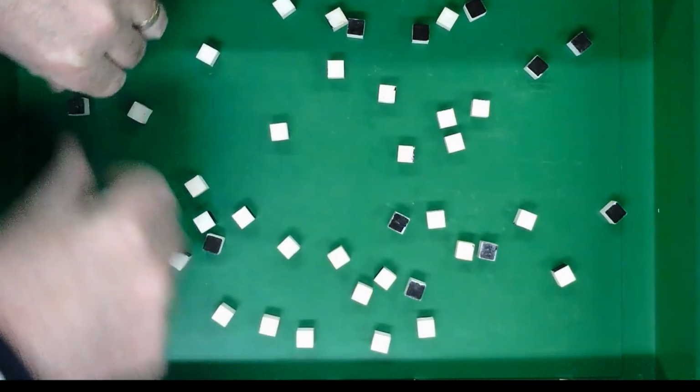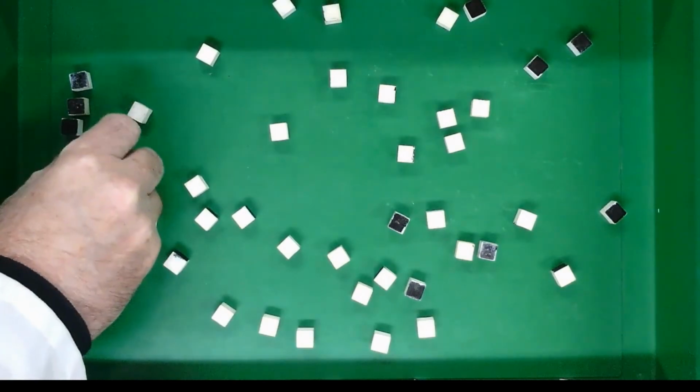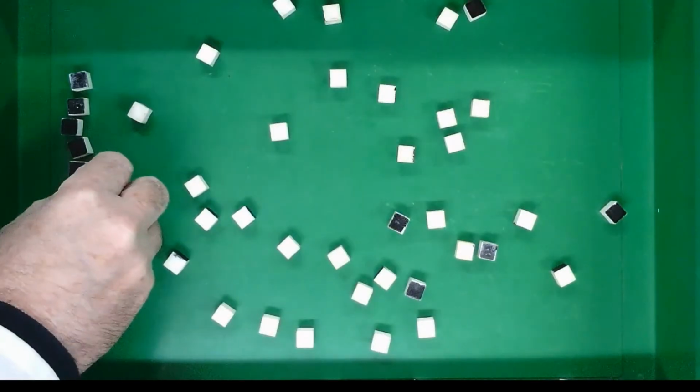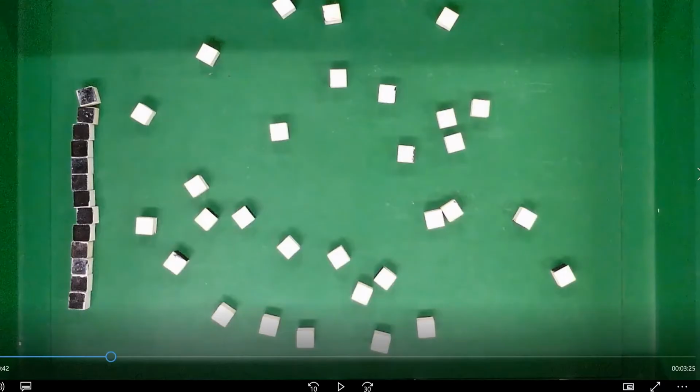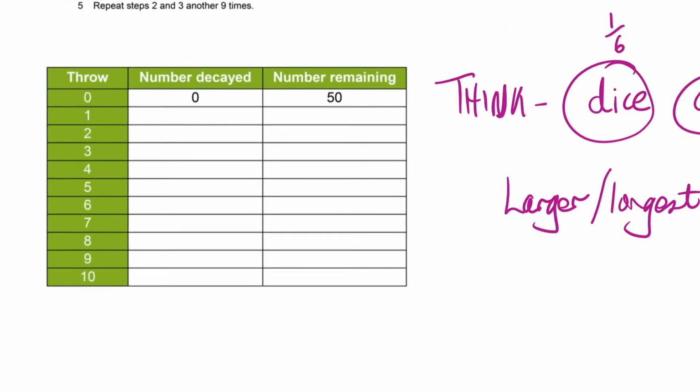Okay, so this is obviously going to take a bit of time. All the decayed cubes being put to one side. If you look, Mr. Hancock's arranged the dice now to the left hand side, and there's 13 cubes that have decayed. We'll add that to the table. Here's our table.